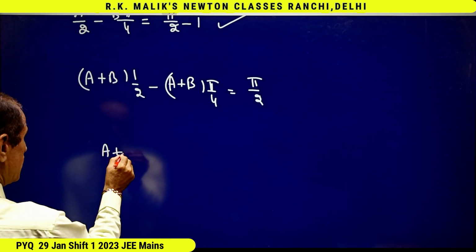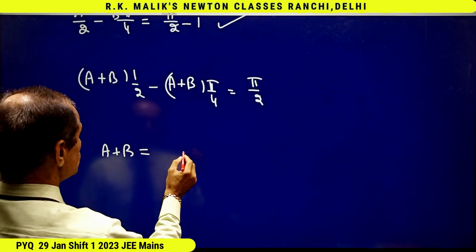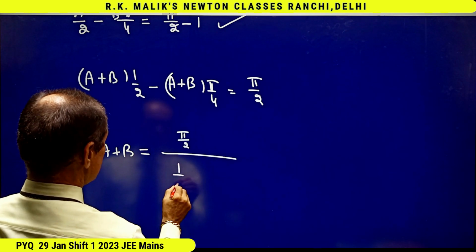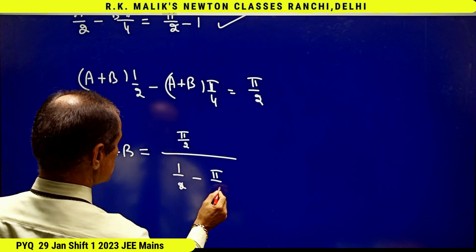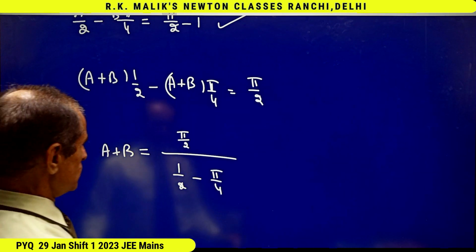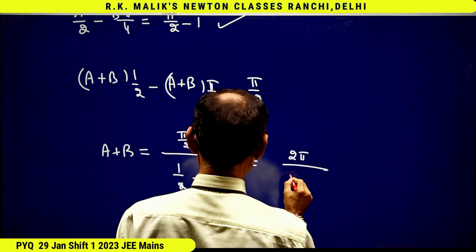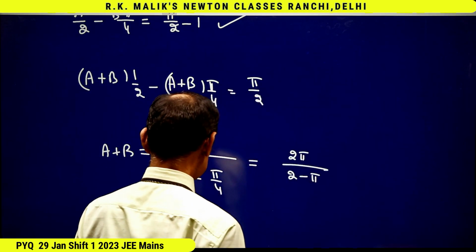That is, I get a plus b is equal to pi by 2 upon 1 by 2 minus pi by 4. That is, I get 2 pi upon 2 minus pi.